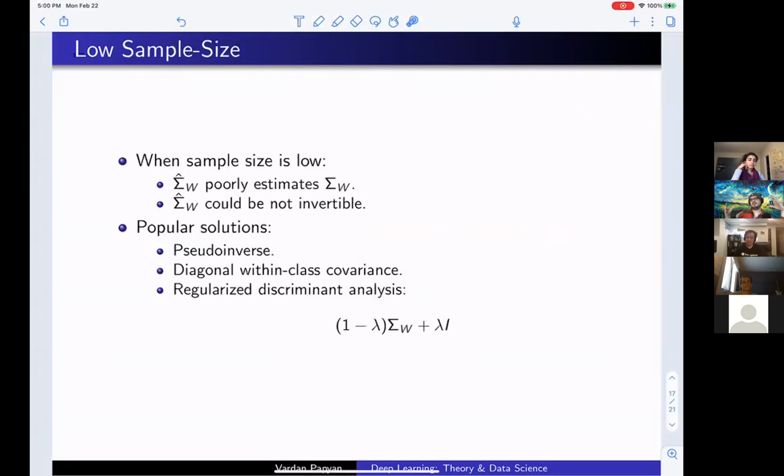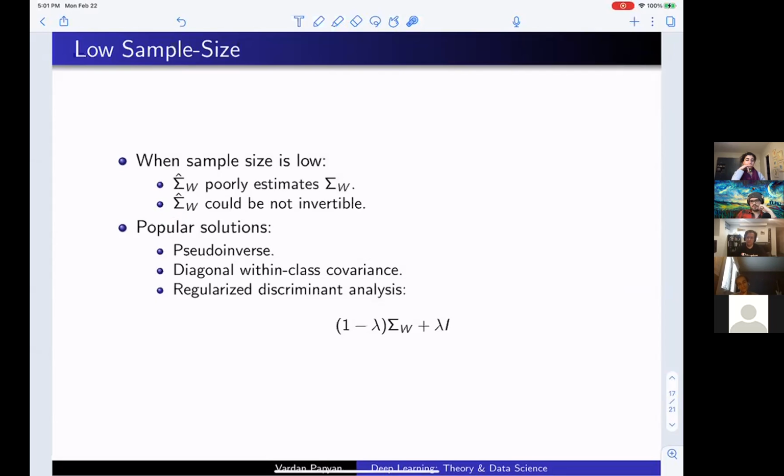You need lots of data for your empirical estimate to be a good approximation of the true covariance. Another issue is that maybe this matrix sigma W is not even invertible. The rank of sigma W is upper bounded by how many examples you have in your data set. Let's say you have 5 examples and your data is in 100 dimensions. Then sigma W is not even invertible.